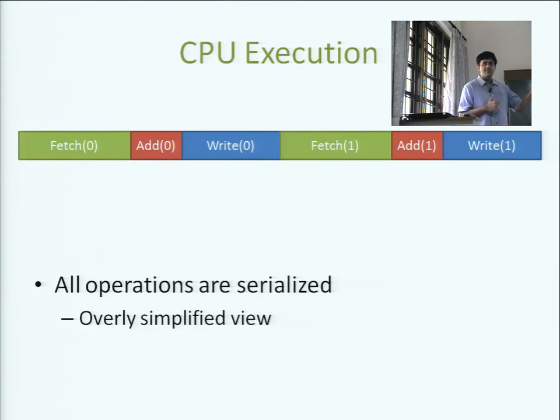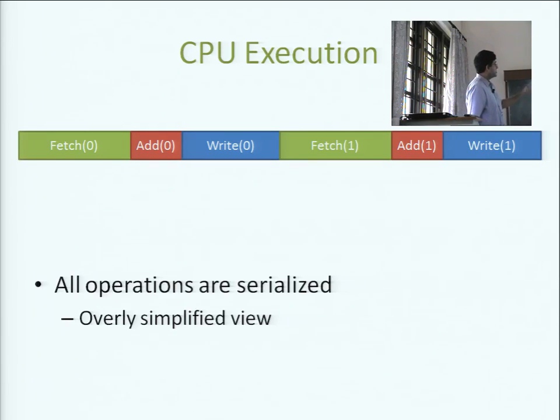So a basic CPU would execute all these things in series, right? It would fetch array of 0, it would add 42 to whatever value it read, and then whatever value resulted it would write back, and then it would get to reading the next array element, adding again, writing it back, right?